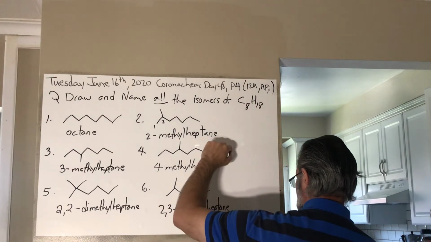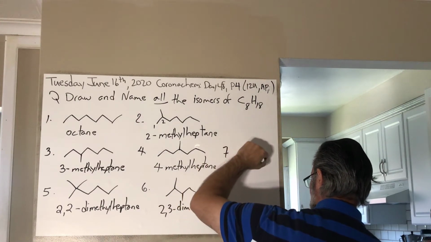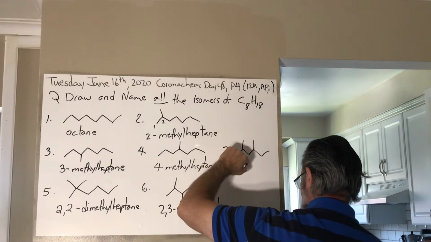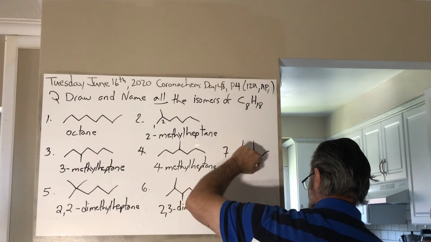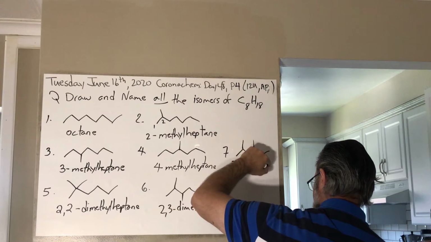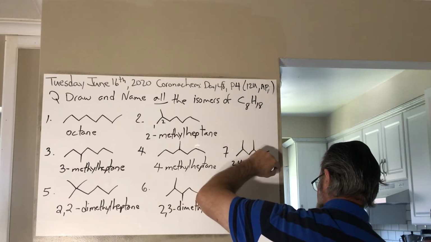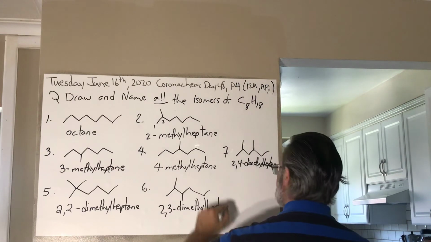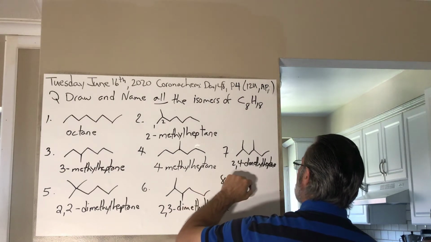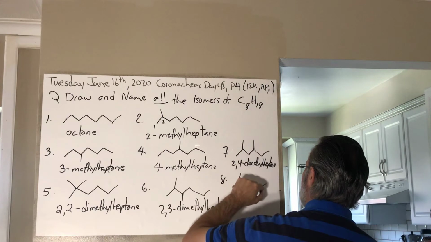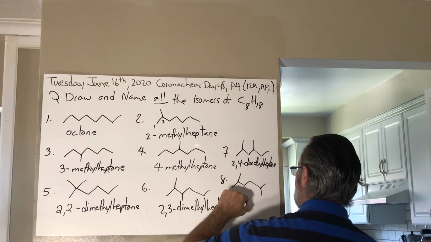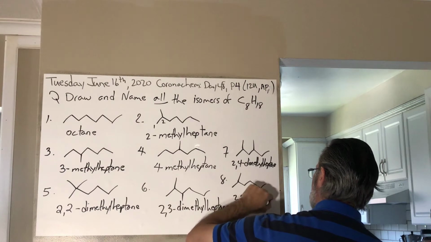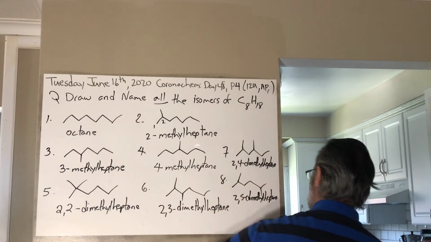Seventh possibility is right over here. 1, 2, 3, 4, 5, 6, and we'll say 2,4 dimethylheptane. Then the eighth possibility, 1, 2, 3, 4, 5, 6, like that and like that, would give you 2,5 dimethylheptane.